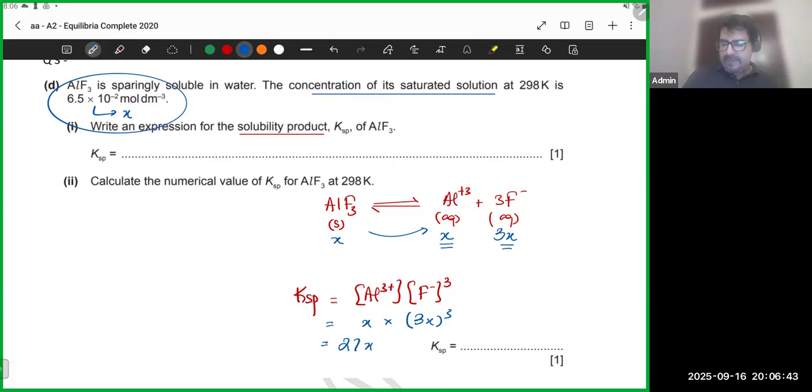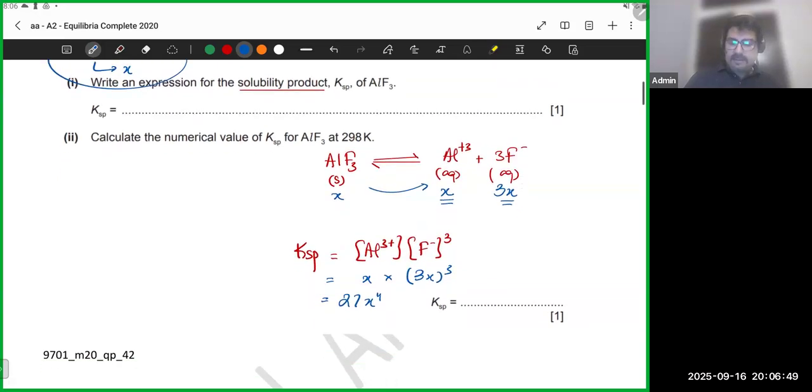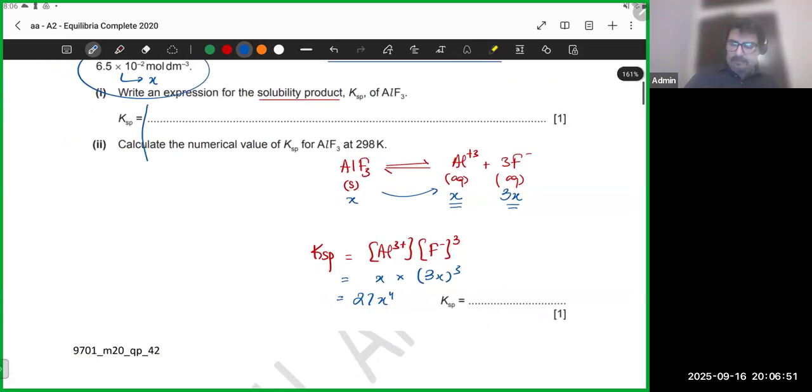So it becomes 27x to the power 4. Just to simplify my math, I used x equal to 6.5 times 10 to the power minus 2. So I'm going to plug that in: 27 times 6.5 times 10 to the power minus 2, to the power 4. So just do this on your calculator.